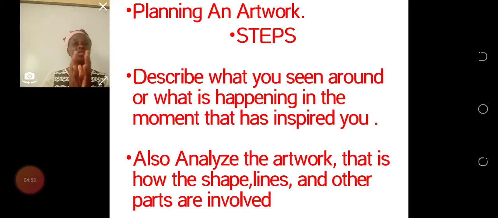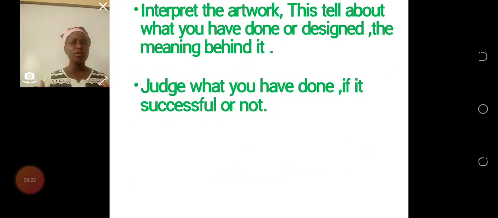Or when you look at mommy, you have to see if mommy has a big head or long hands or long legs. So you have to analyze and look at all these things, the shapes, the lines, the forms, before you'll be able to make an artwork. Good. Let's move on.